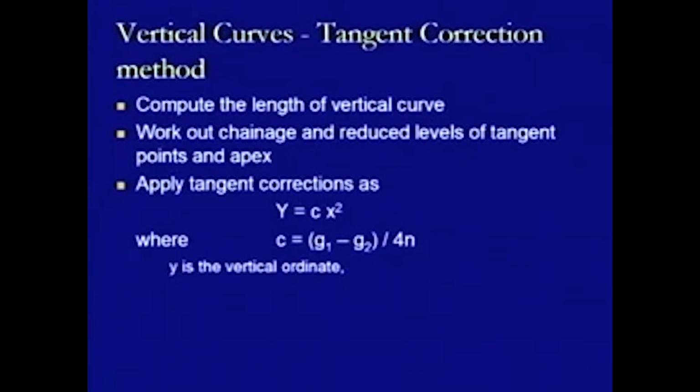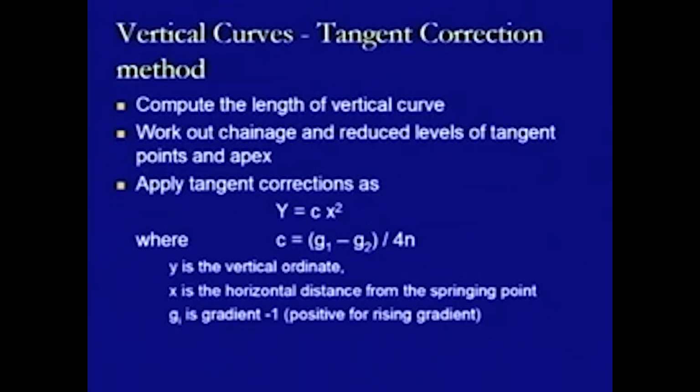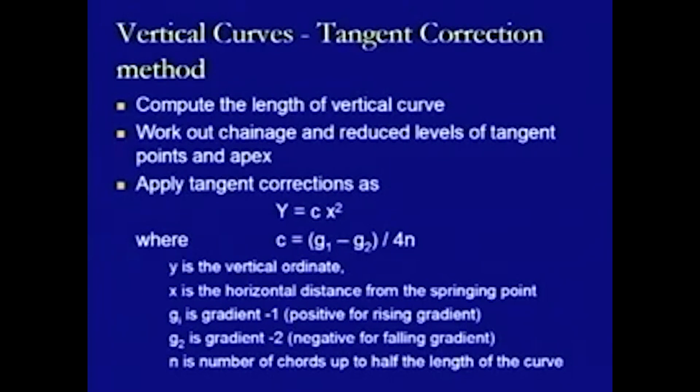Y is the vertical ordinate, x is the horizontal distance from the springing point, g1 is gradient 1 which is positive for a rising gradient, g2 is gradient 2 which is negative for a falling gradient, and n is the number of chords up to half the length of the curve. This is how all the parameters used in the above equations are defined.